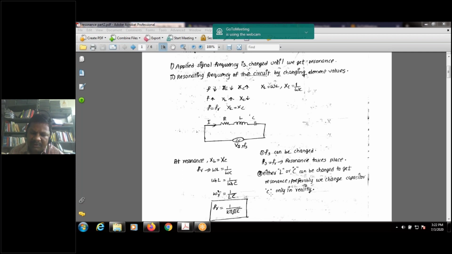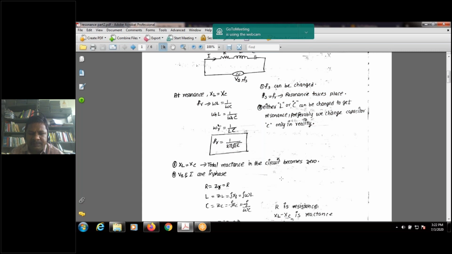Because people prefer that: varying the capacitor is better than varying the inductor, right? And also here the resonant frequency mainly depends upon the two reactive components only. It does not depend upon the resistor. Also remember that one.